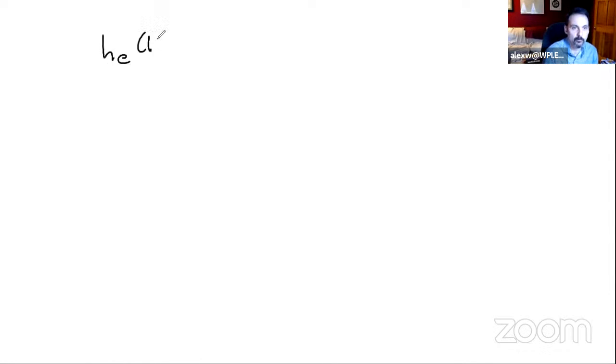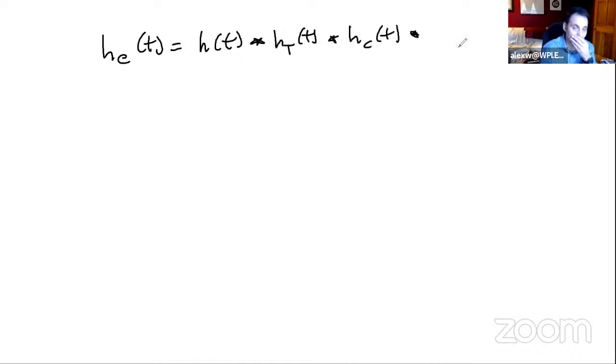Let me rewrite it here. H_T of t, H_C of t. So for instance, suppose I want H_E of t to be equal to that rectangular impulse response H of t, even though I said rectangular impulse responses are not really cool. Let's say this and this, I want them to be the same.